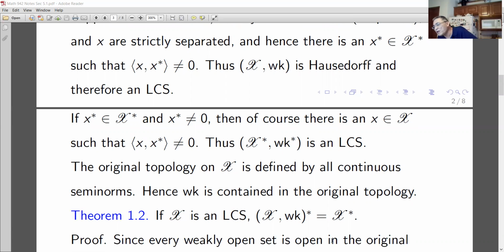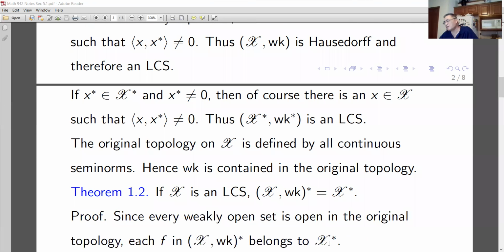Since every weakly open set is open in the original topology. This is exactly what we said earlier: the weak topology is weaker than the original topology.